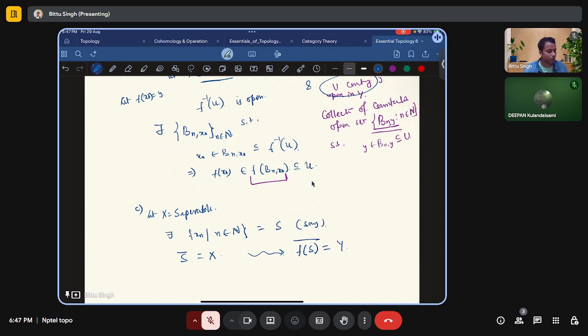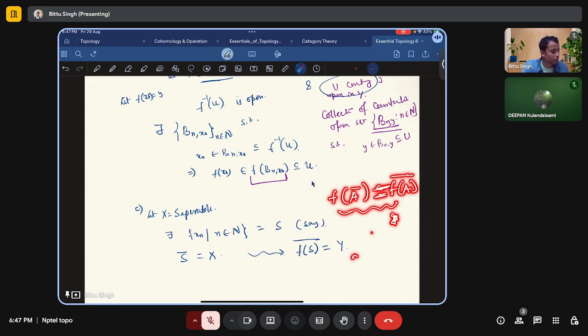Okay. F of S closure is the same as F of S whole closure, because we know continuity means F of A closure is contained in F of A closure. But for a homeomorphism, this is actually equality, because you can prove a similar thing for G also, and G is the same as F inverse.